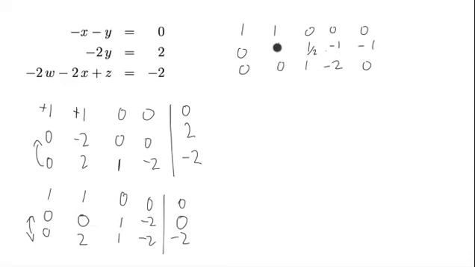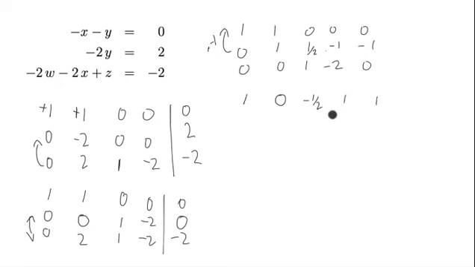From here, to make this pivot, we can airdrop going up that way. So we have -1 times this row and add it up. So we have a 1, 0, -1/2, and then a 1 and a 1.